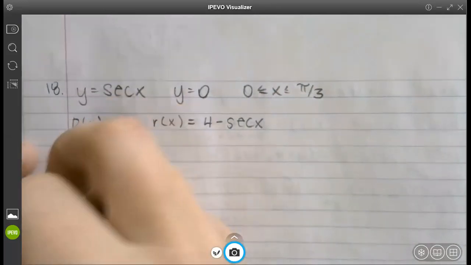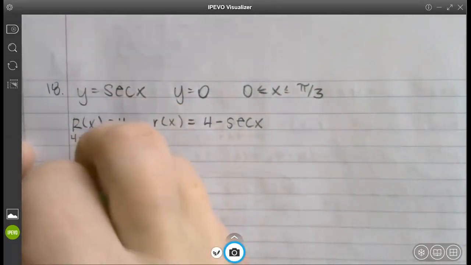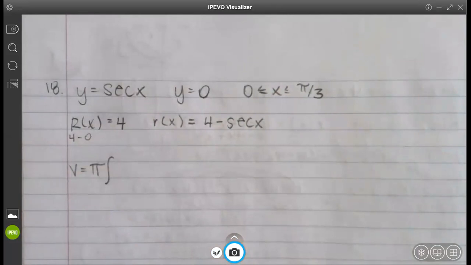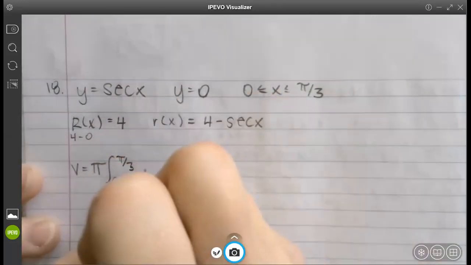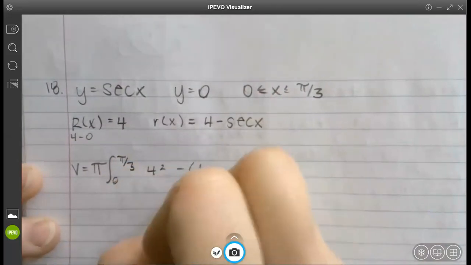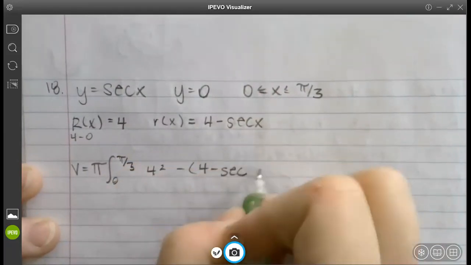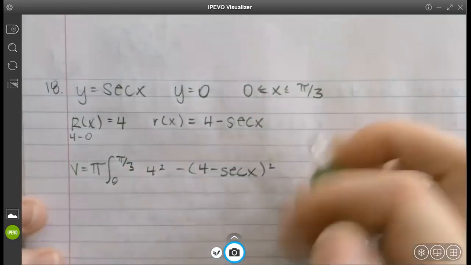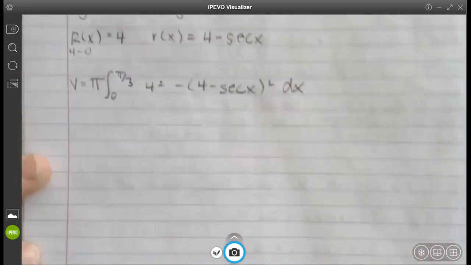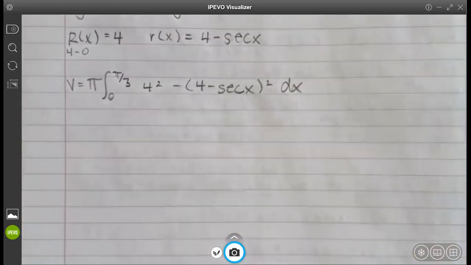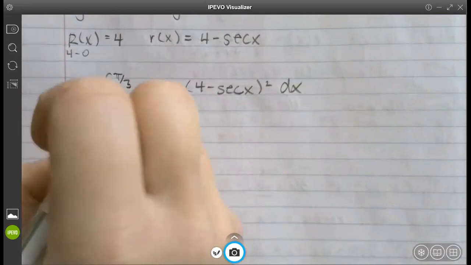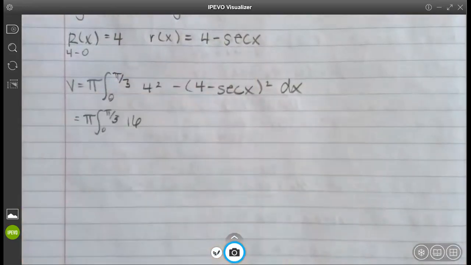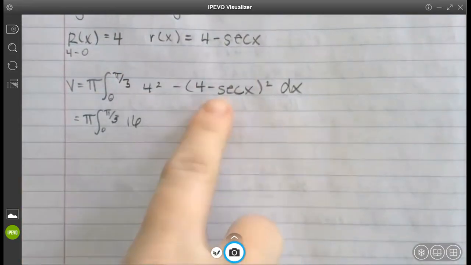Okay. Volume. Ooh, from where to where? Yep, because they gave us that. Of 4 squared minus 4 minus secant x squared dx. Don't stress out. I'm gonna help you out. Okay. 0 to pi over 3 of 16. And then what's this gonna be?